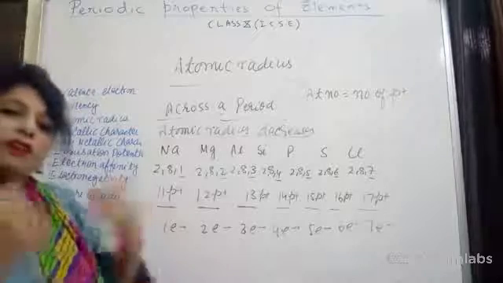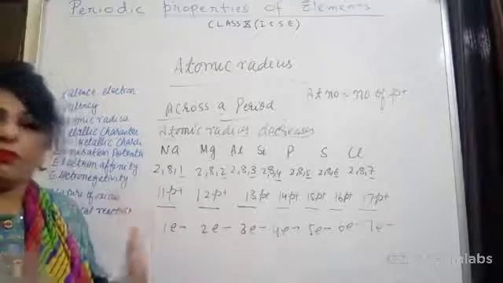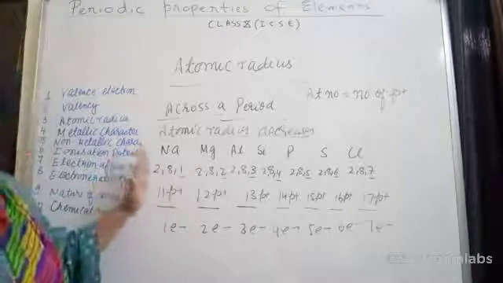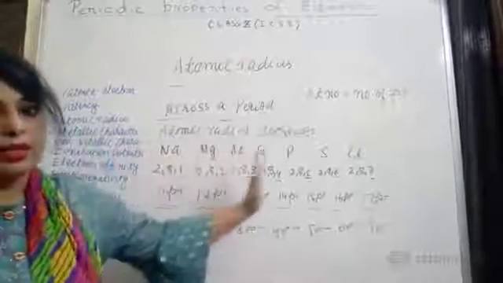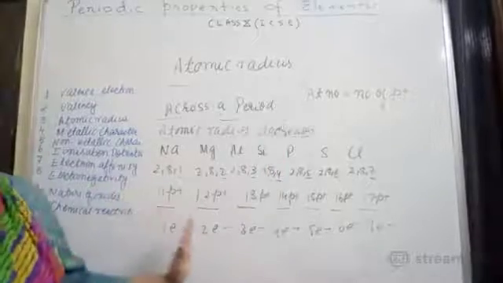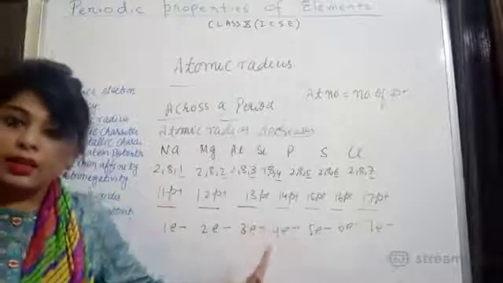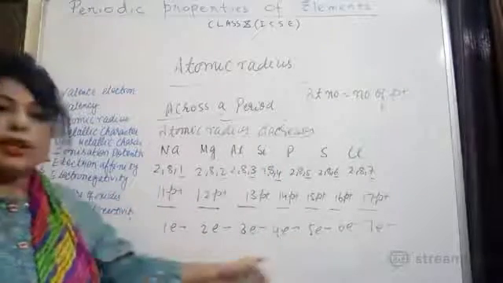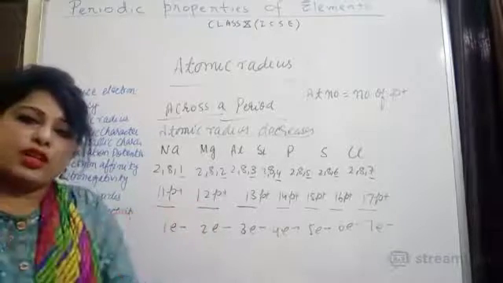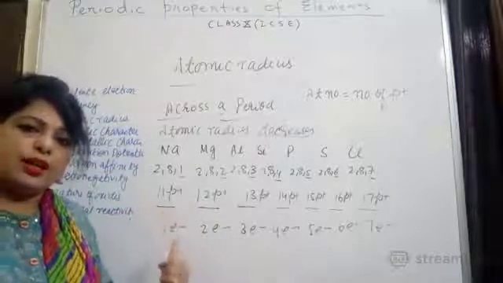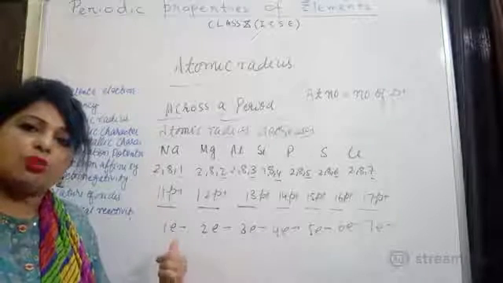Now once again we'll revise this. I will make you understand. When you move across a period, since atomic number is increasing, the number of protons will also increase and the number of valence electrons is also increasing. So there will be opposite attraction between protons and the electrons in the outermost shell.